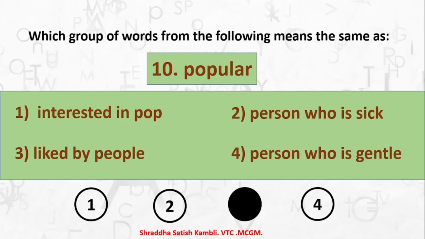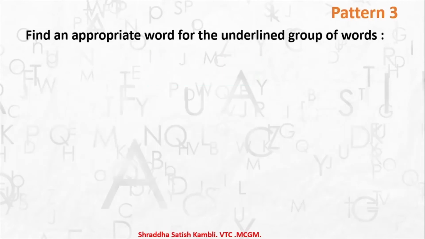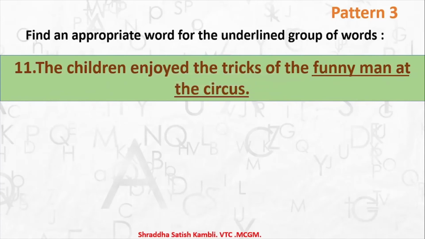Coming to the last and third pattern which can come up in this particular lesson, you have: find an appropriate word for the underlined group of words. You have a sentence here, and in that sentence a group of words is underlined, and let us see what else we can say instead of these words. So you have example 11.